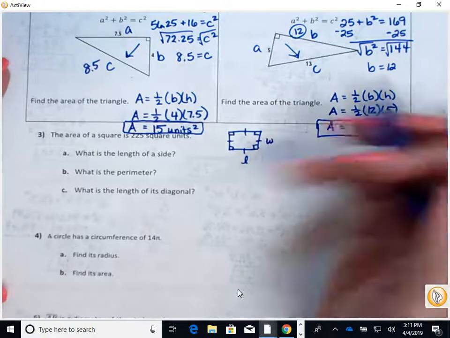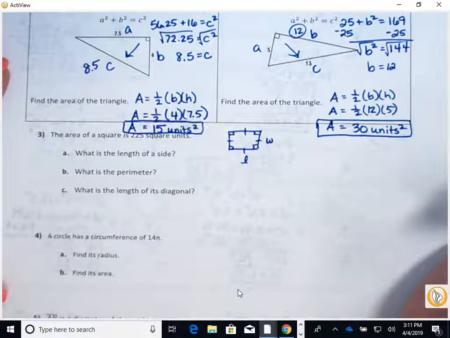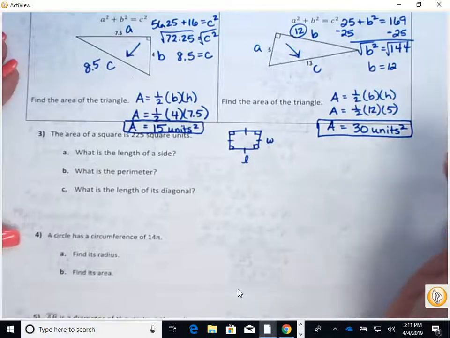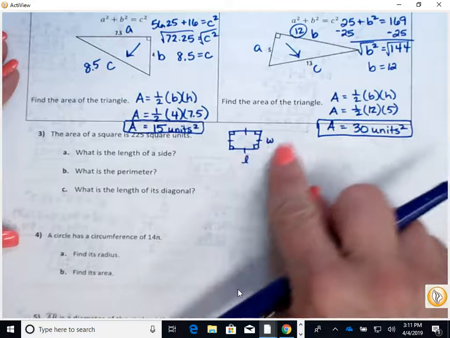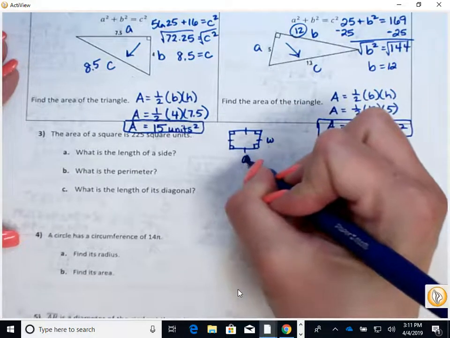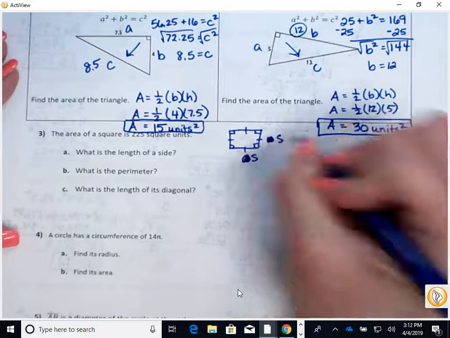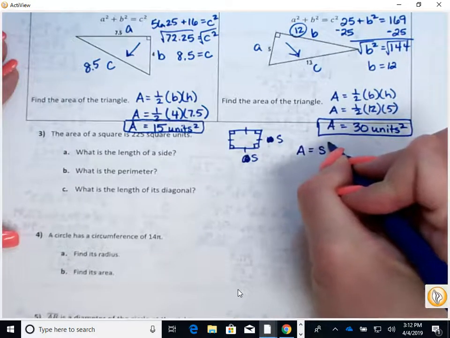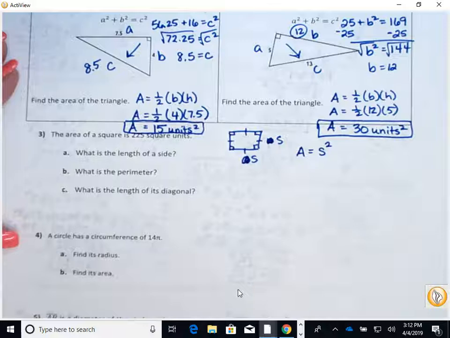Now, if the length and width are the same length, then it's just length times length or side times side, however you want to think of it. So I always think of this as more like a rectangle, length times width. With a square, they like to use side and side because all the sides are equal, so they use the same variable. So the area of a square equals side times side, or side squared.